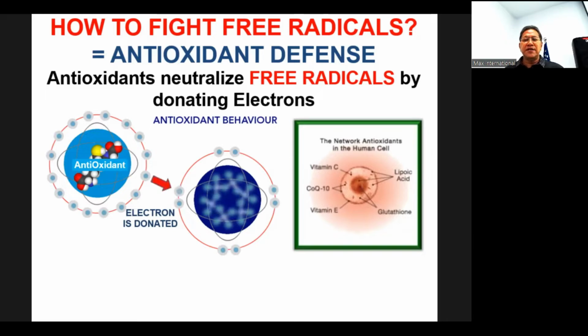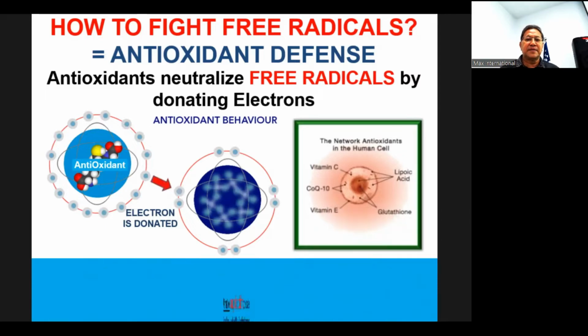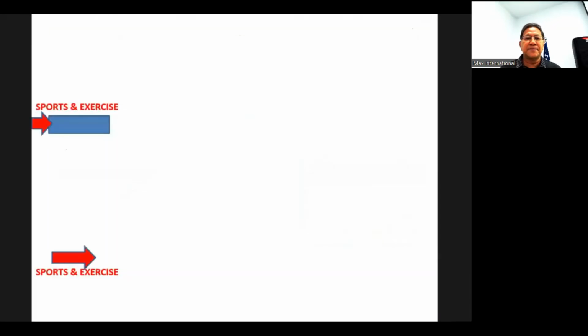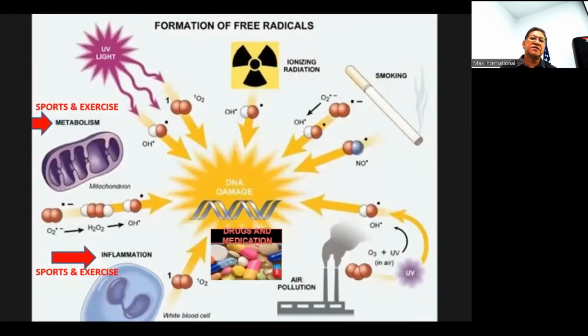You don't eat maqui, you don't eat acai, you don't eat goji, you don't die. But if you don't have any of these 5, you're dead. That's how important they are. Because these antioxidants work in a team, we must take a range of antioxidants to neutralize the free radicals. If we do not, the free radicals will continue to multiply into greater numbers, resulting in chronic diseases.